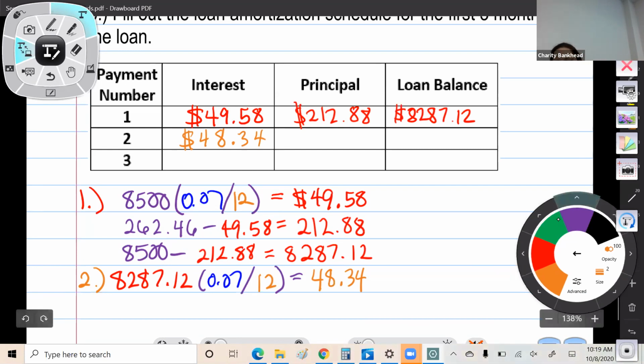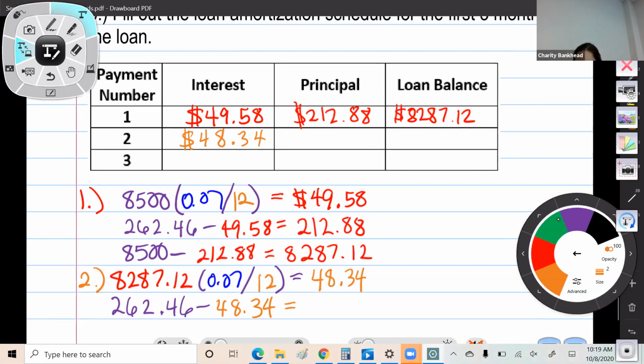So your payment amount doesn't change. Each month your payment amount is still the same amount, $262.46. And then let's subtract that $48.34. So that gives me $214.12.